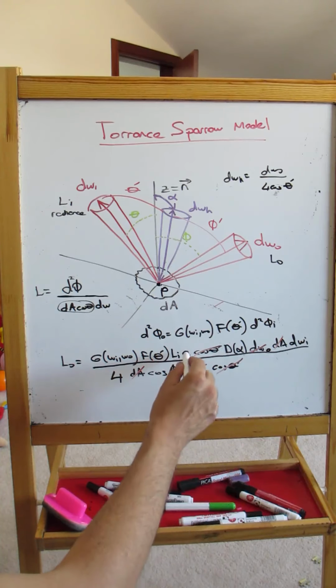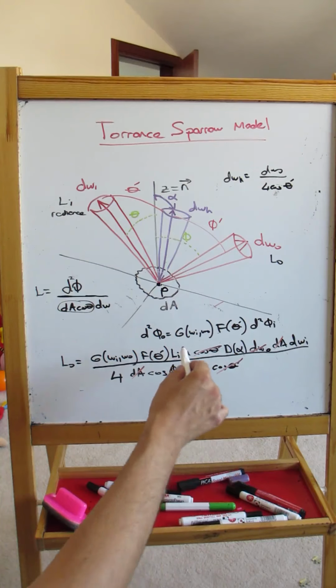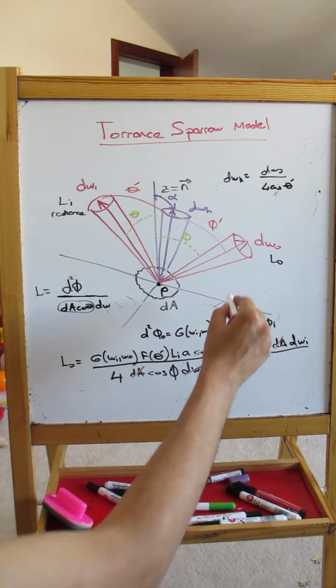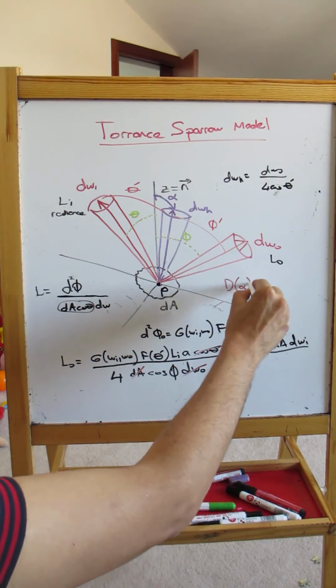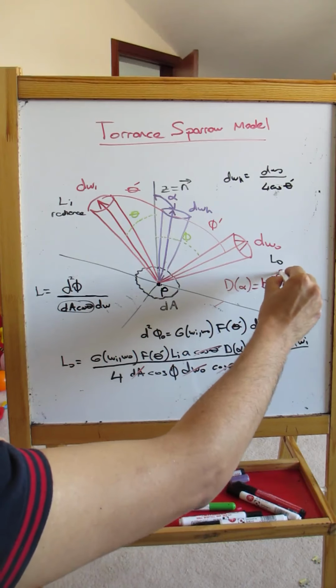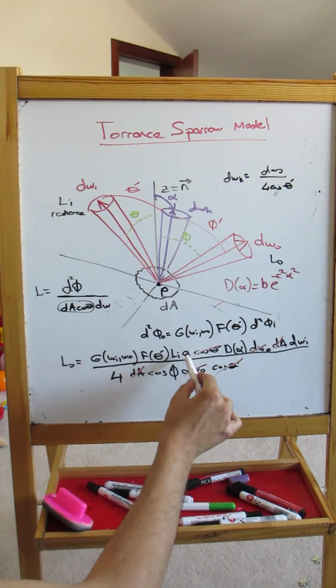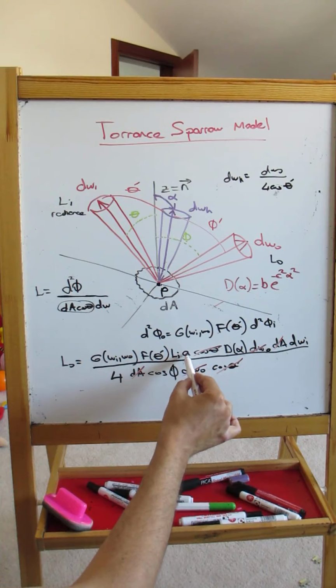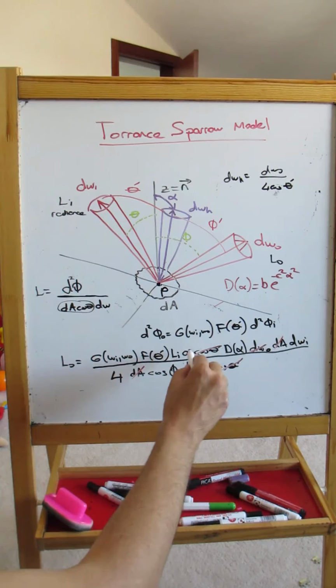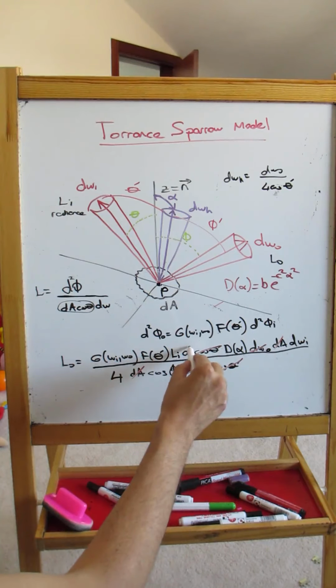So you could also embed this. You can take this A here, which is the microfacet area. You can embed it into the B term here. Okay, so remember this d alpha was equal to B times e to the power minus c square alpha square. Okay, so A is just another constant, right? So you could actually embed this inside this term. So I'm also going to remove this one.